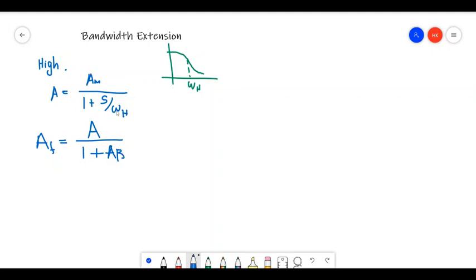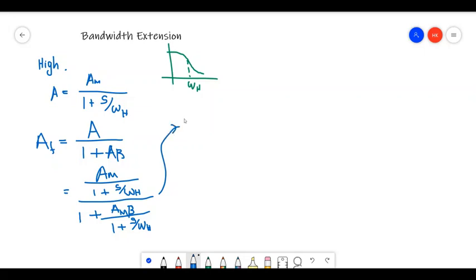If I substitute A here, what I get is Am divided by 1 plus s over omega H, divided by 1 plus Am beta divided by 1 plus s over omega H. If I take a common denominator here, this common denominator will cancel off.